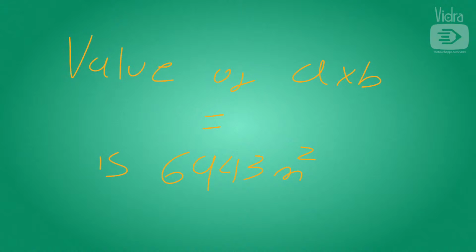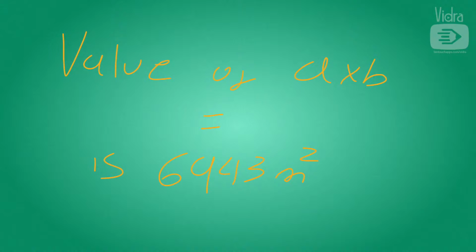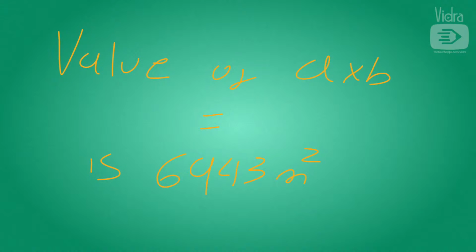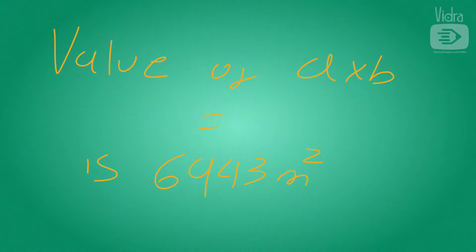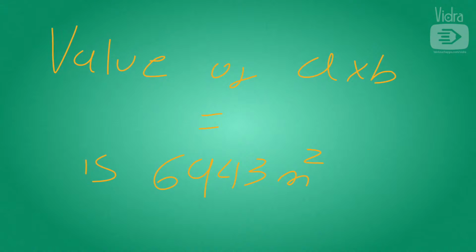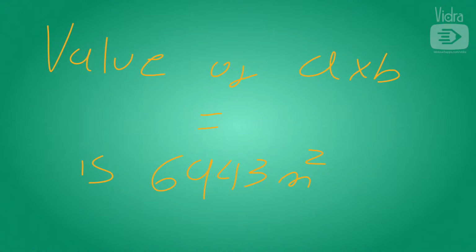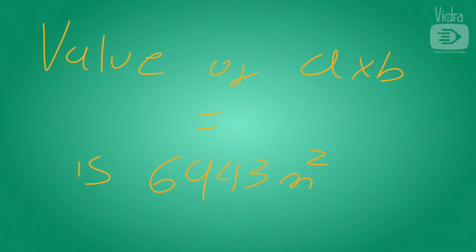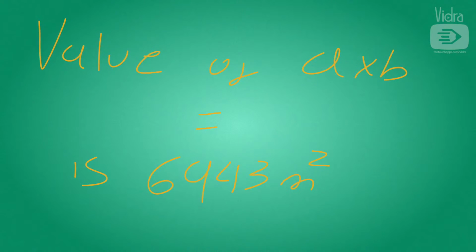The value of the multiplication of the A values and B values is 6,943 meters cubed. That is something they are going to ask in class, in the homework, in the exam: the value of the operation, and in this case it is this number.